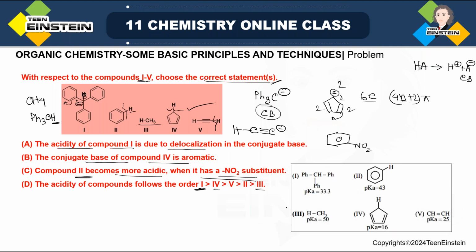Now look at this pKa value, which will help you understand in which case acidity is high, because we know pKa has an inverse relationship with acidity. So when pKa is very low, which you can find in this case, that means this should be maximum acidic. 4 should be at first position. And after that, the second position is taken by 5, because 20 is 25. The third position is taken by 1.